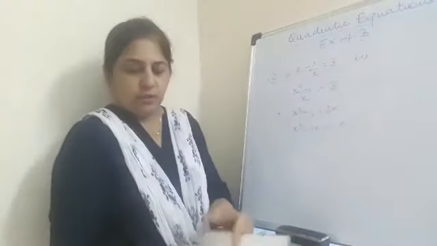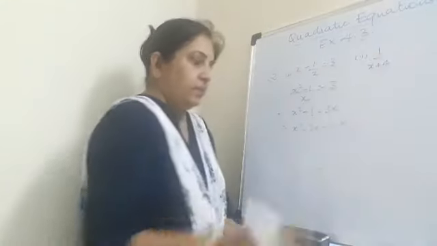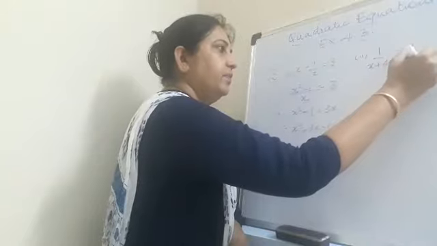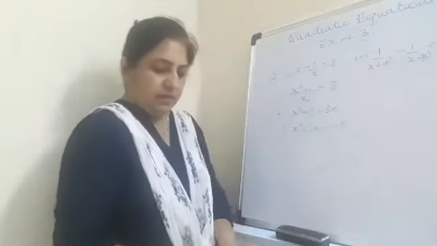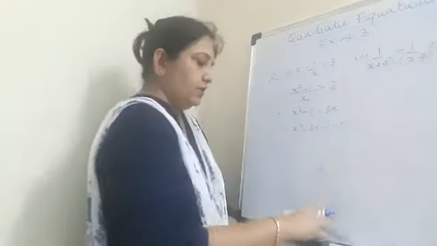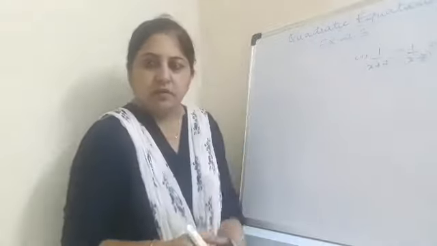Similarly, we have the second part here: 1 upon x plus 4, right, minus 1 upon x minus 7 is equal to 11 by 30. Now this is the equation given over here. This is not a direct quadratic equation.